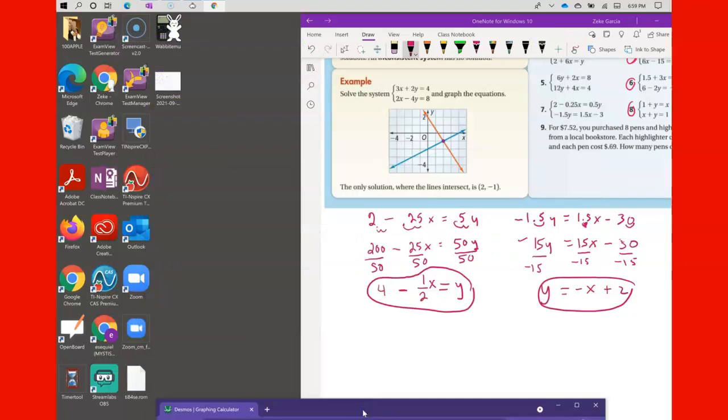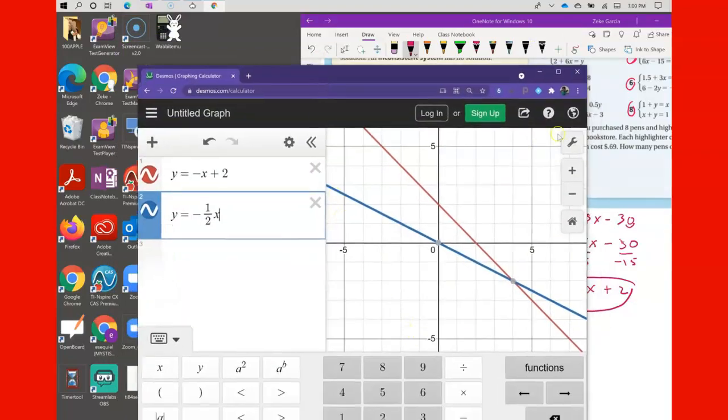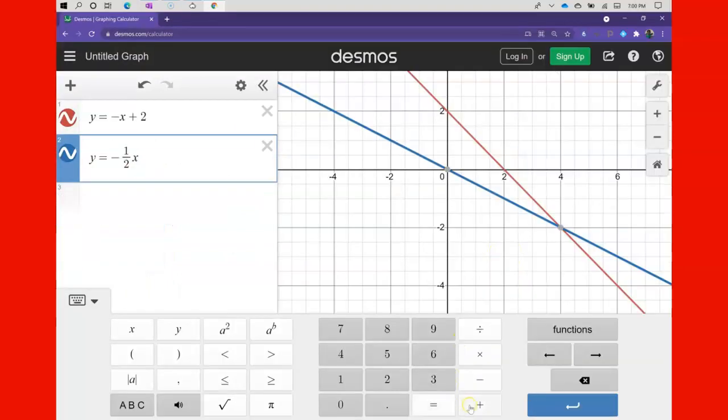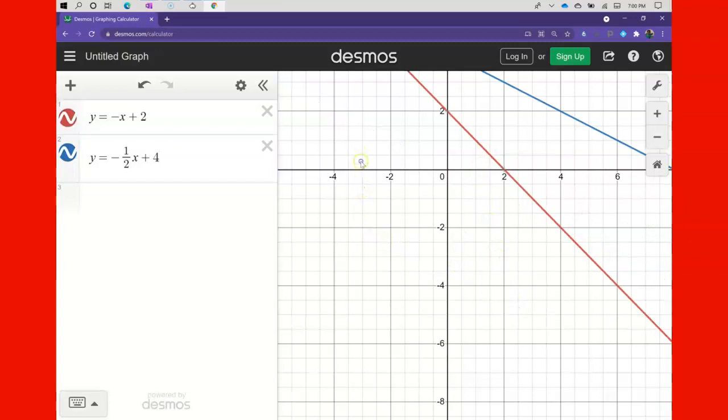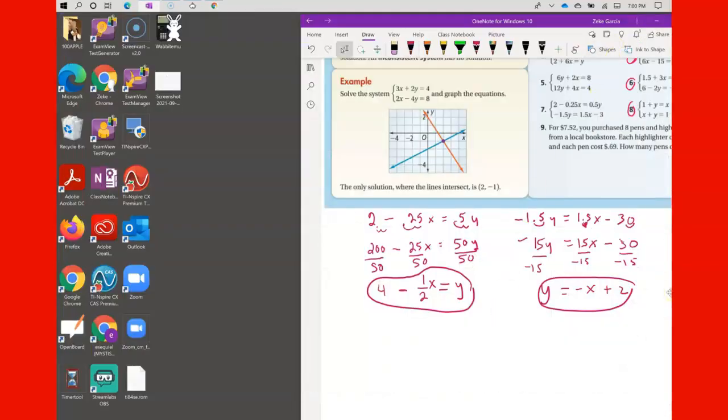That's negative 1/2 x plus 4, right? So let me write plus 4. And then we're going to go up here to see where the intersection is. So the intersection is negative 4, 6. So the answer to this would be negative 4, comma 6.